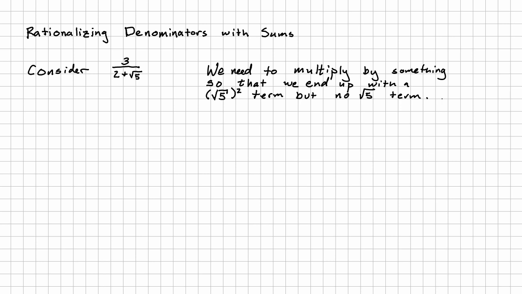And that's going to be somewhat tricky, because remember, when we multiply sums like this, we treat them like any other binomial. What comes to our rescue is remembering those special forms that we have available to us.